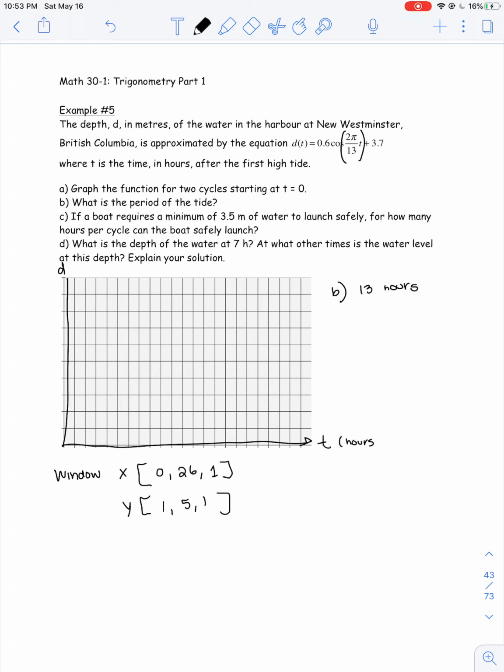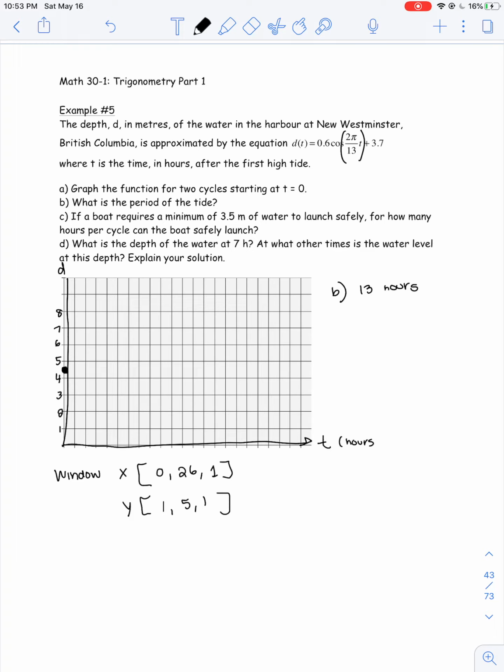Okay, so with this value, trace, 0, enter, you're going to want to start labeling some points. So we know that we have a y-intercept of 0 and 4.3. So we know that that occurs again at 13 hours.